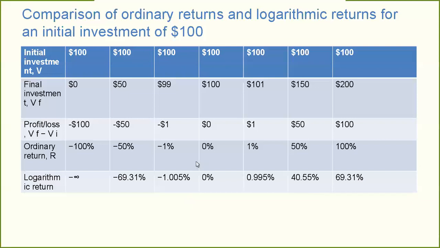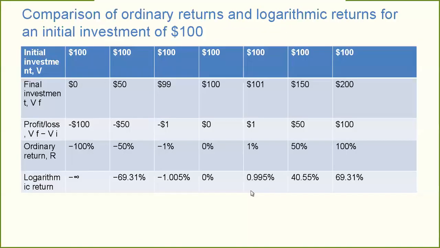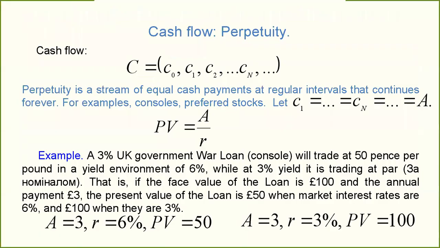It's worth mentioning that for ordinary return these values are symmetric, minus 1 and 1, minus 50 and 50, but for logarithmic return it is not symmetric, it's different values. And that's all about return and rate of return.